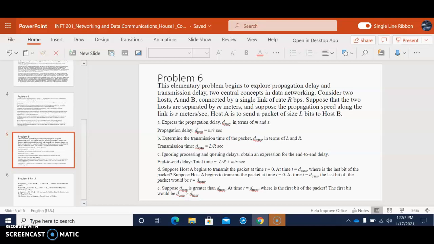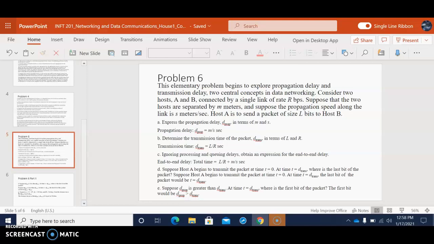At time t equals dtrans, where is the last bit of the packet? Oh, no, sorry. That equation, I'm sorry, I mixed it up. That would be in G, the final part, not in D.